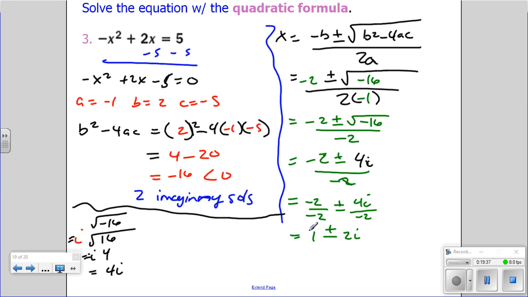So we're going to leave our solutions like this. So this is the exact solution. This one you cannot approximate because you can't put i into the calculator.